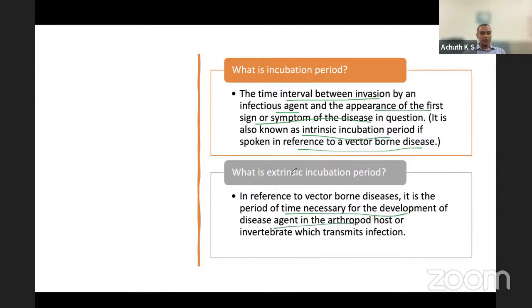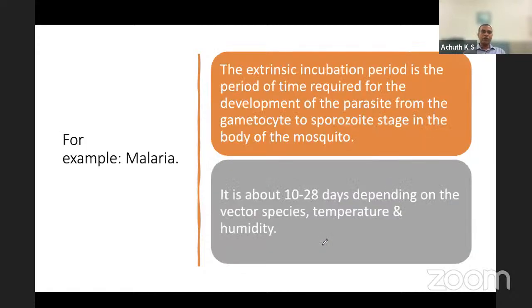Malaria gets developed in the arthropod, that is in the mosquito, that is the extrinsic incubation period. Okay. That is from gametocytes to sporozoites. Extrinsic: the gametocytes go into the mosquito stomach and they form zygote, ookinete, and they become sporozoites.